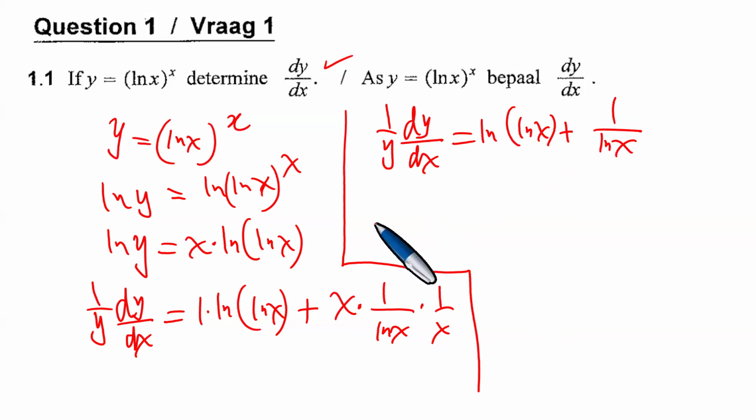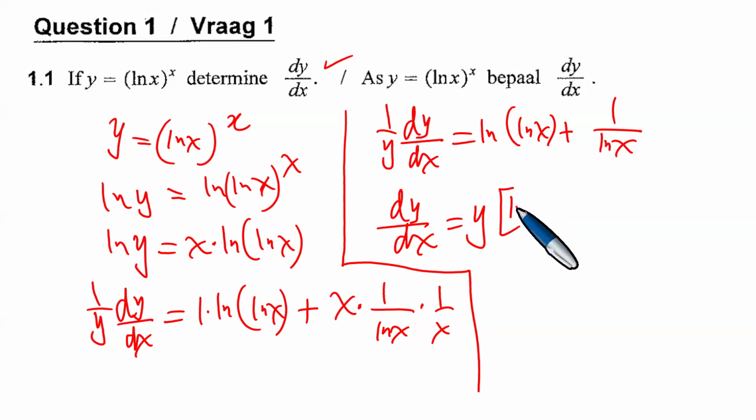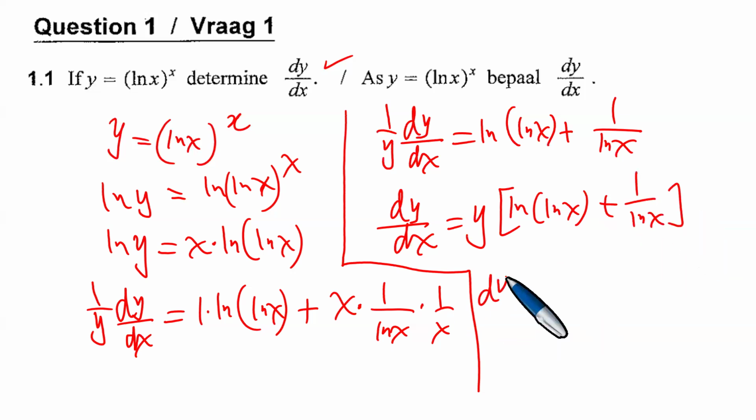We continue. At this point we have dy/dx equals y times, ln of ln x plus 1 over ln x. Then what is y?